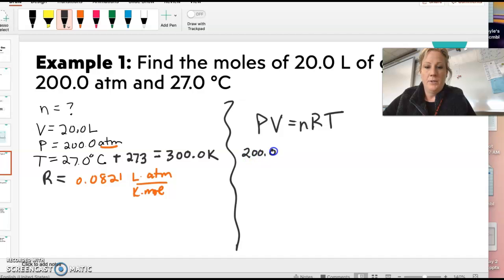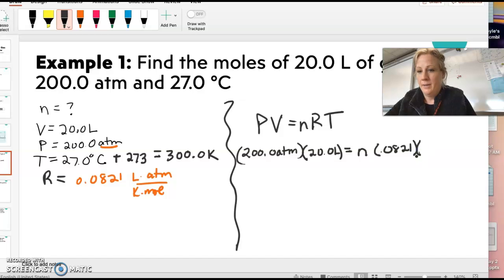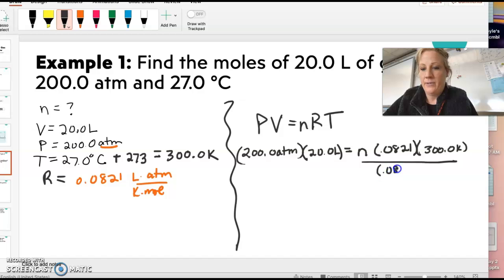So this is my P. This is my V. So PV equals n, R, I'm going to hold the unit out for this for time and space. I'll put the unit in now when I start to manipulate it. And then temperature. So the algebra, we would divide both sides to get that n alone.